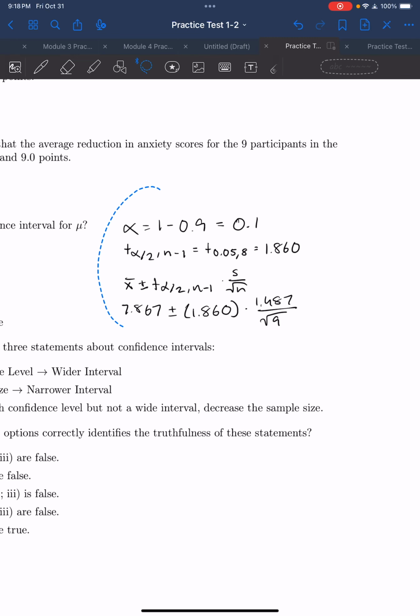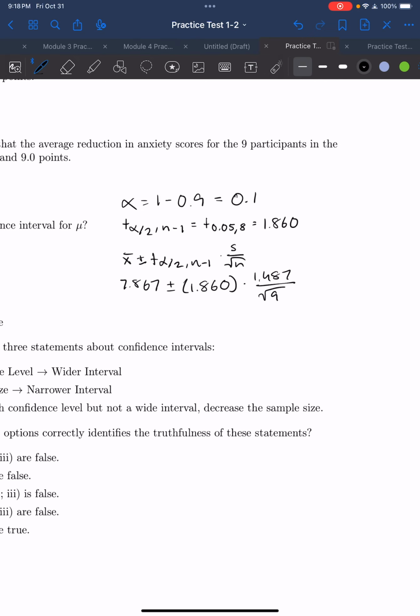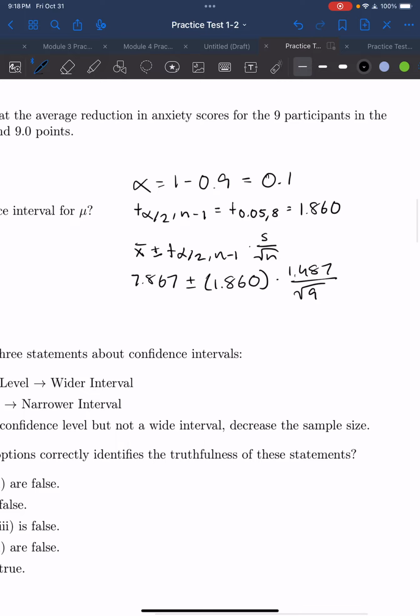And if we solve for this, that's 1.860 times 1.487 divided by our square root of 9, which is 3. So that would be equal to 7.867 plus or minus 0.92194.